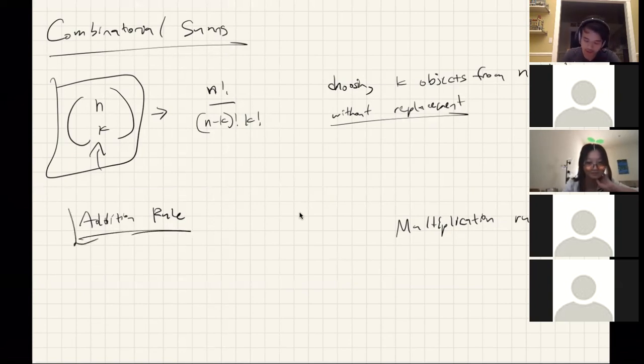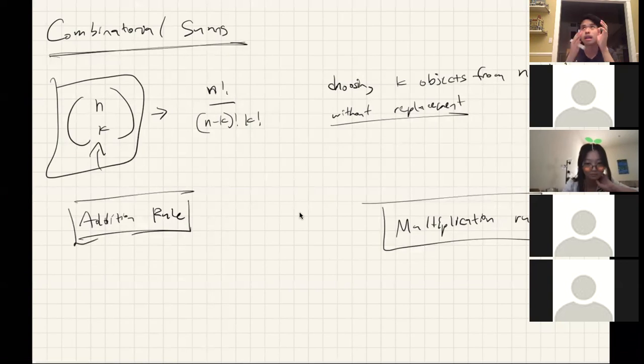So, the addition rule and multiplication rule. A lot of times you're going to interpret combinatorial sums as an actual counting problem that you will be able to understand and compute a little bit easier.